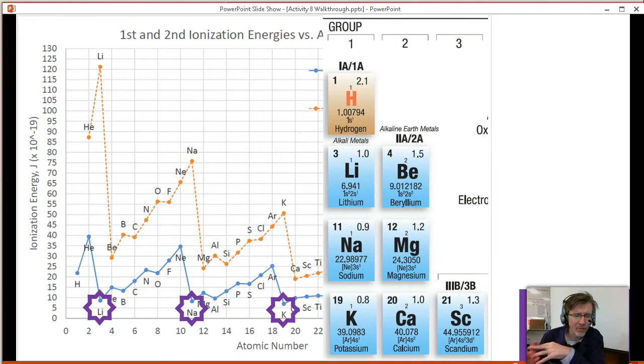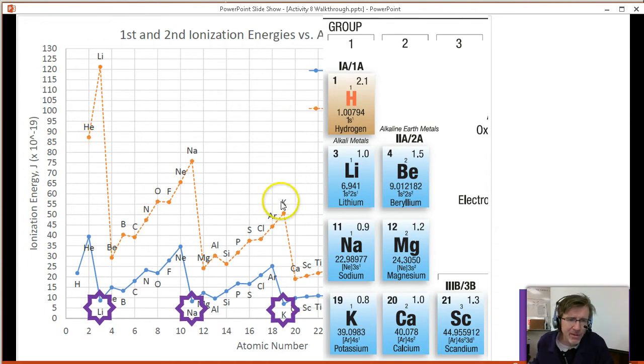When we look a little closer at these, these elements are built off of the last noble gas, just to the left, so you have to go back to the other side of the table. That's where they are.